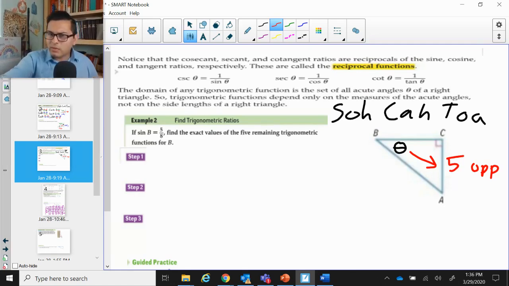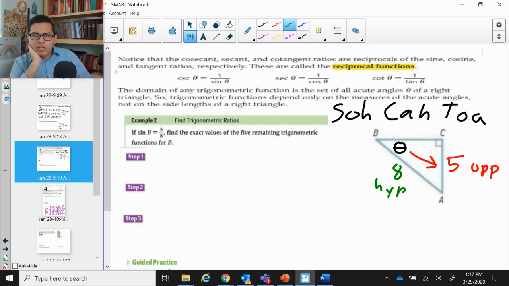Now, what does the 8 represent? It represents our hypotenuse, so we can write down our hyp right away. We already knew where that was going to be, but now we know that the value is 8, which leaves one thing over: our adjacent side. How do we find our adjacent side?